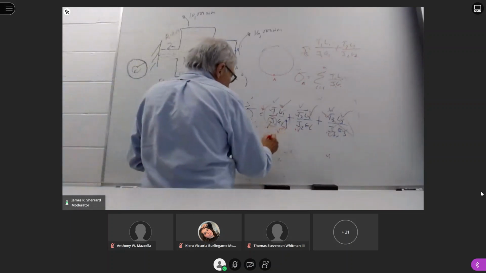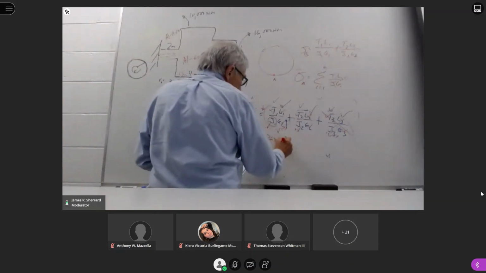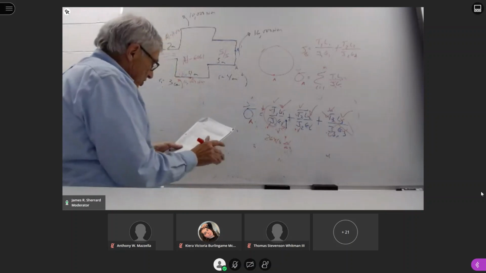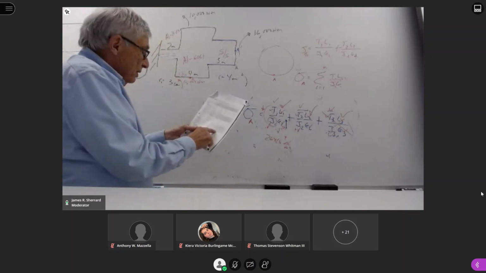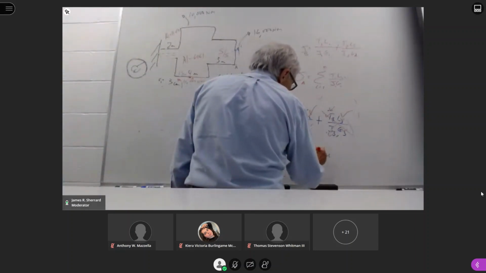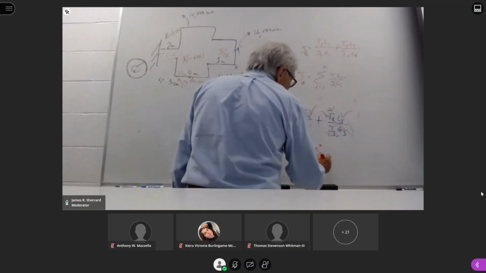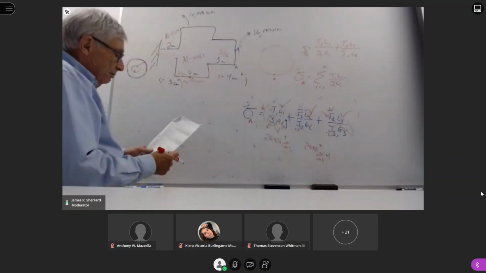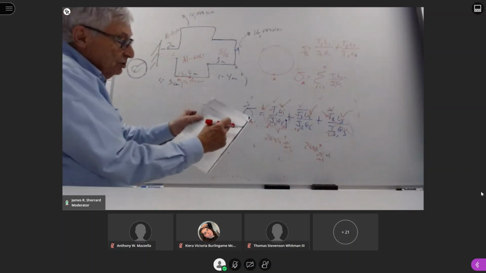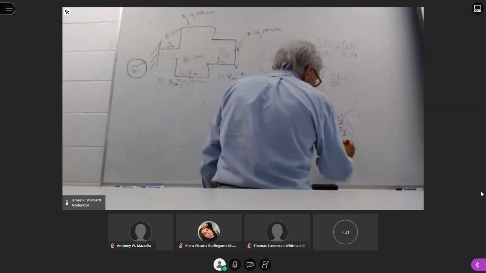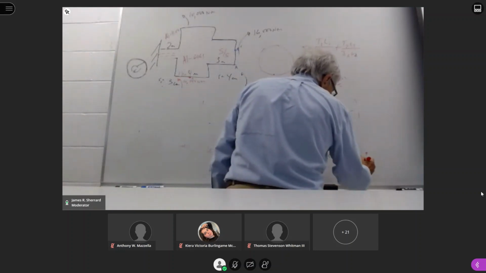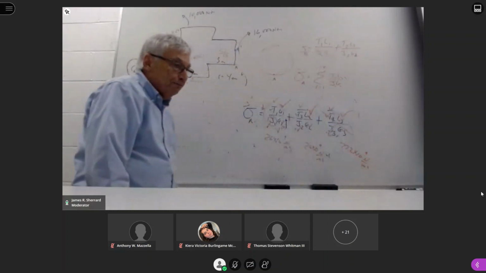In section 1, this G value was 26 times 10 to the 9th newtons per meter squared. The second section is 6061. If you look on your chart, that value turns out, serendipitously, to also be 26 times 10 to the 9th newtons per meter squared. Then for the final one, structural steel, the modulus of rigidity on your table is 77.2 times 10 to the 9th newtons per meter squared.